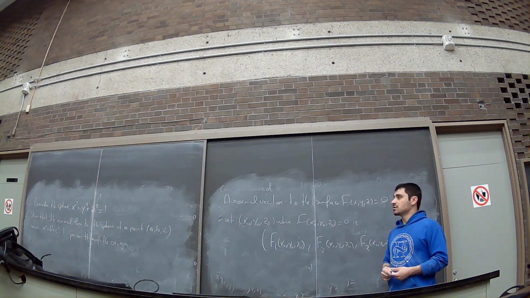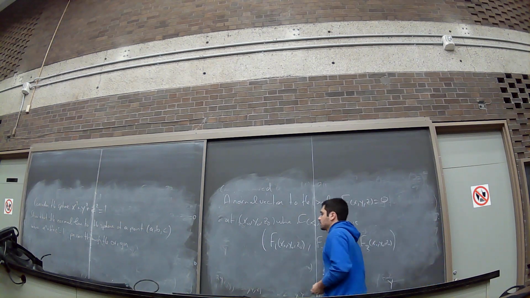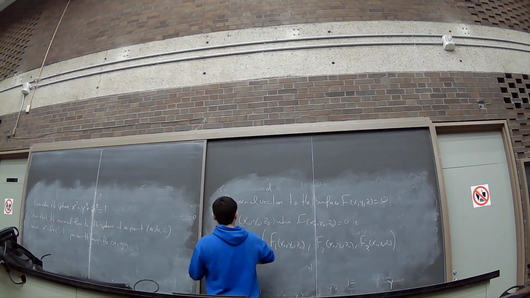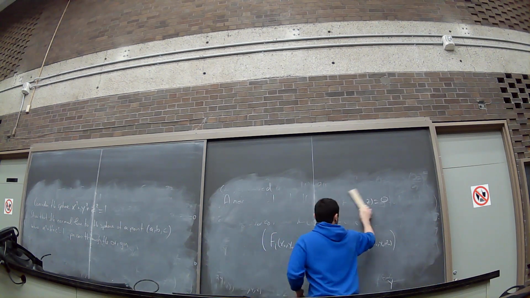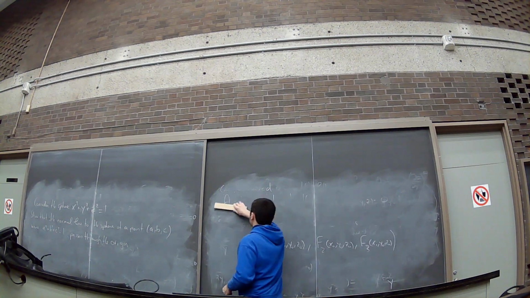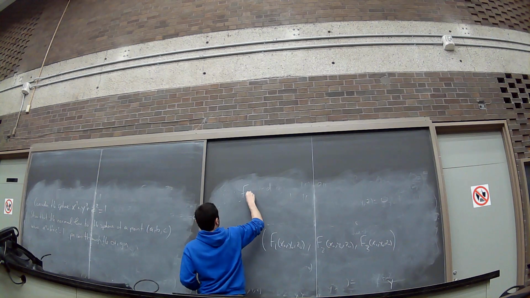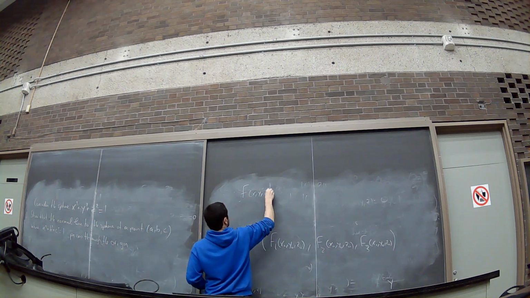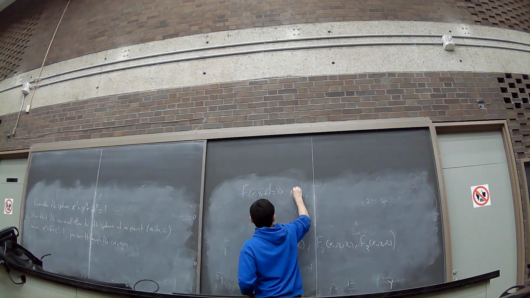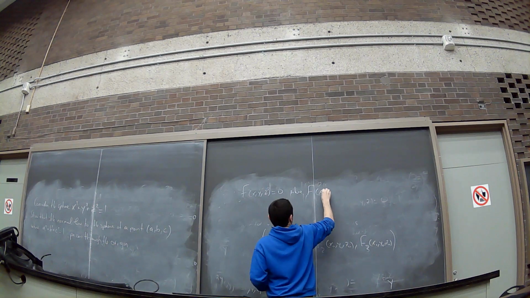What is my surface here? What is my f(x, y, z)? My sphere is f(x, y, z) equal to 0, where f(x, y, z) is equal to what?